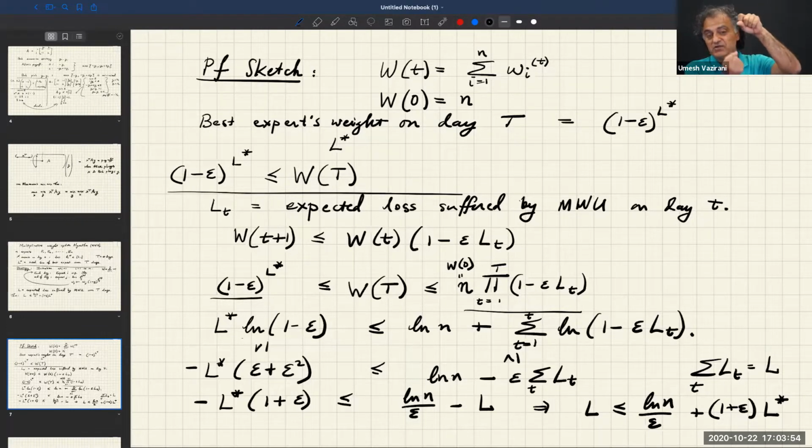And so that weight is going to be relatively large. The total weight is going to drop a lot, depending upon how much loss we suffer. So now what we're doing is sandwiching these two and saying, well, we certainly couldn't suffer so much loss that we overtake the best expert completely in terms of the total weight. And that gives us a bound on how much total loss we can suffer.